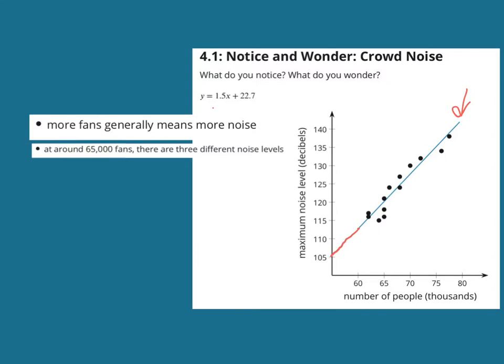Now the problem with that, for me, is that that's at 105, and I noticed that the y-intercept is at 22.7. But if you look at the x-axis here, this isn't at x equals 0. x equals 0 is way over here. So really, the vertical axis is like that. I'm just saying that we're a far cry from 0. If we're going down by 5s on the vertical axis, then this isn't 5 away from 0.